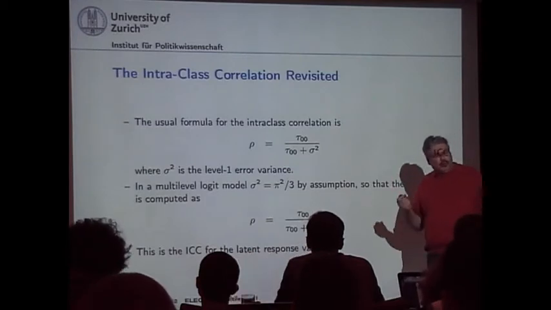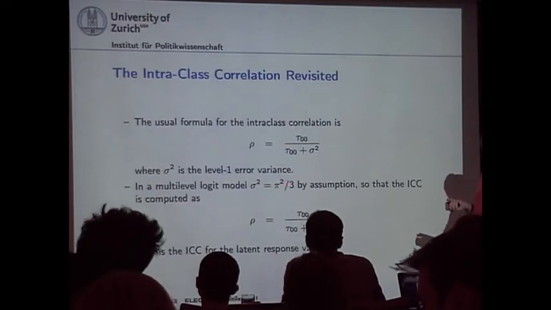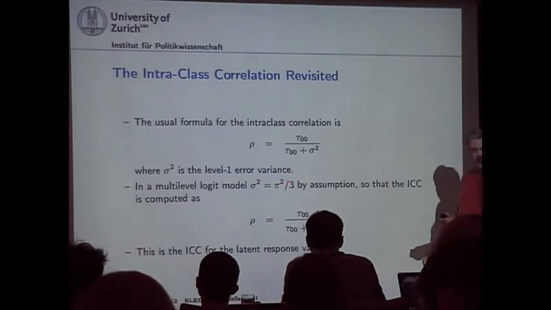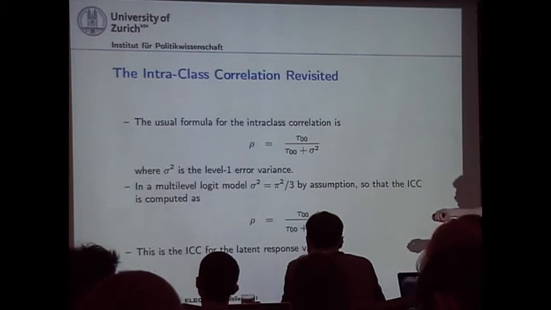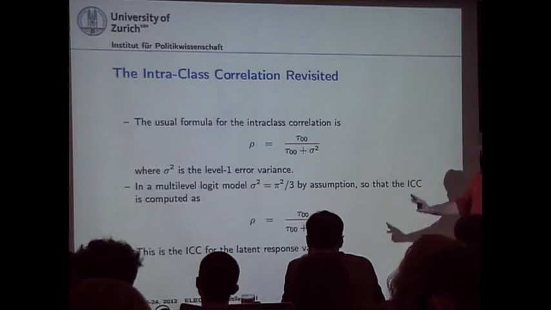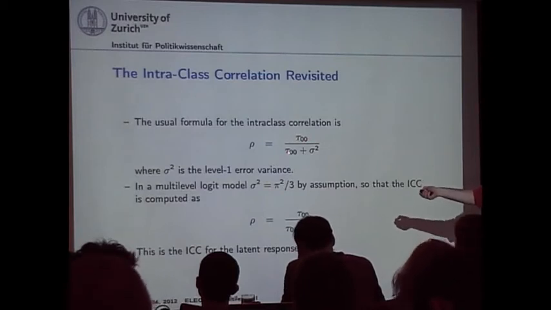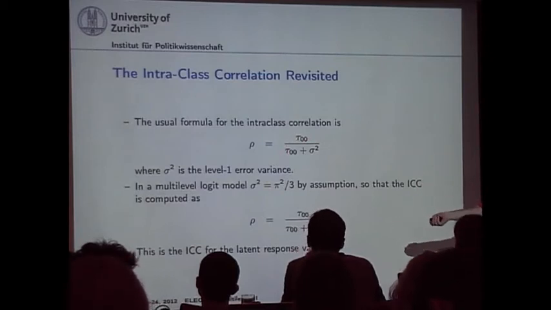But in this model, we have fixed sigma squared to pi squared over 3, and therefore we don't estimate it, and it's a fixed term here. So the interclass correlation is basically the variance in the intercepts over the variance in the intercepts plus pi squared over 3.